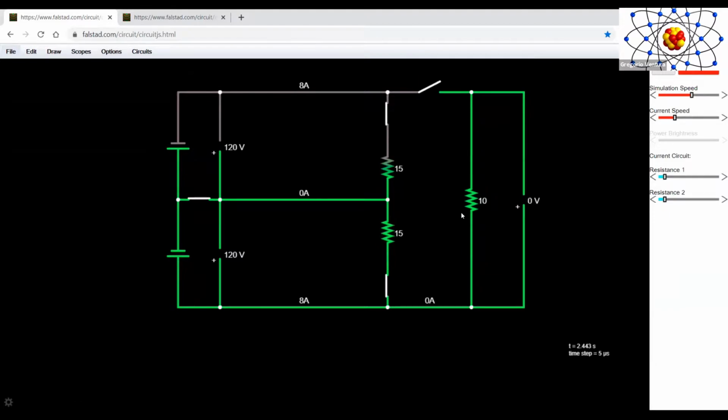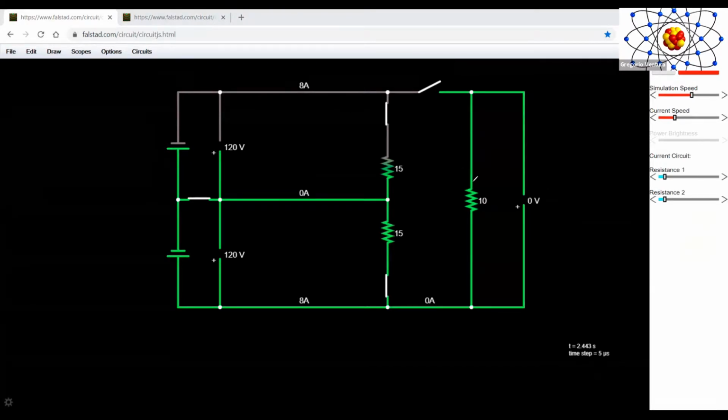If I were trying to run a load like this one, in this case you can see that it's a 10 ohm load. In reality, if we have a 10 ohm resistor, depending on the amount of voltage that we apply to that resistor, we are going to have either more or less current.